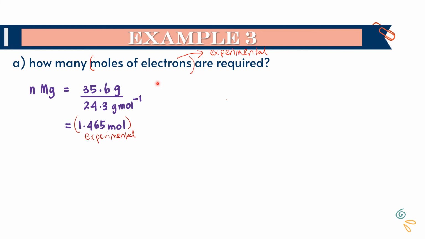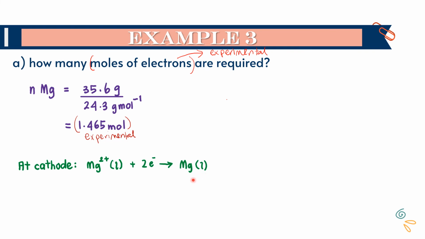Tapi syarat dia adalah apa? Kita kena ada theoretical value, sorry. We need to get the theoretical mole of electron. Okay, macam mana kita nak dapat theoretical mole of electron? Daripada half equation. So, that's why tadi kita dah tentukan kita punya half equation adalah pada cathode. So, make sure equation, tulis equation yang betul.